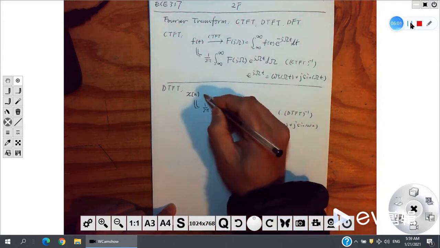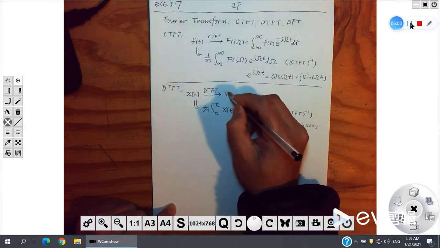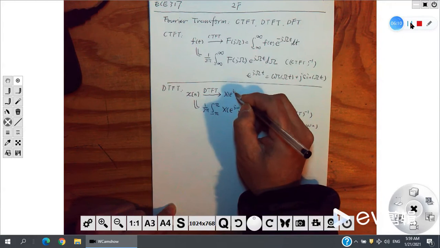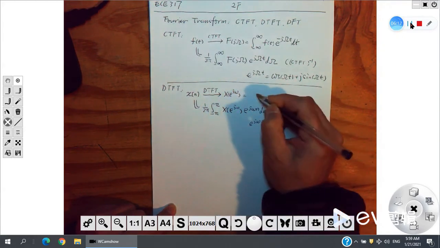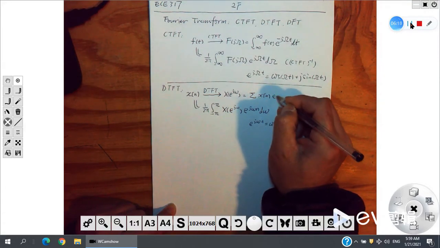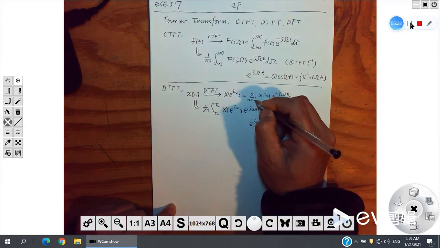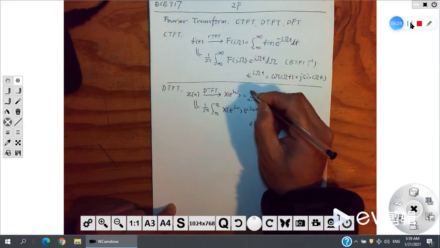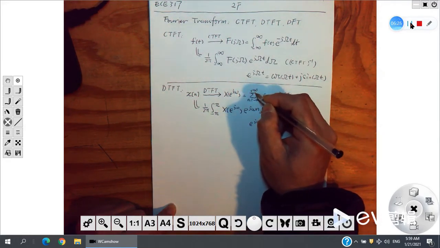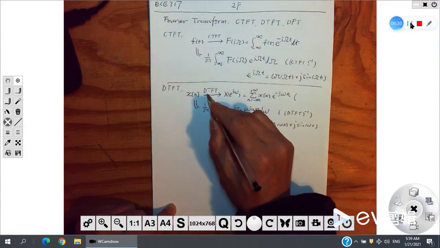The weight can be obtained by DTFT, which is capital X of e to the j omega equal to, now a summation of x of n times e to the negative j omega n, running from negative to positive infinity. Alright, so that is CTFT and DTFT already, right?